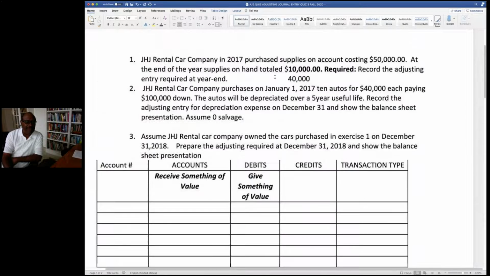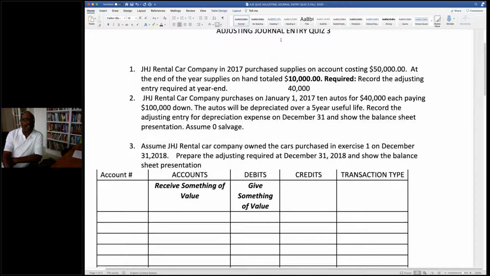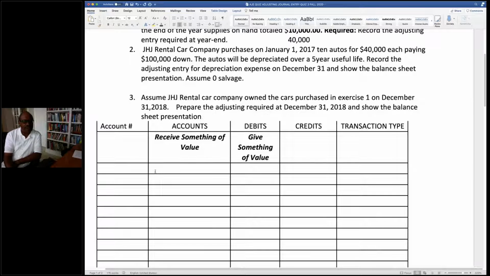Okay. So we buy the car, 10 autos at 40,000 each, that's 400,000. So we would what? Debit auto. And I didn't tell you to do this, but you could. I just told you to make the AJE. Or we're going to credit cash.